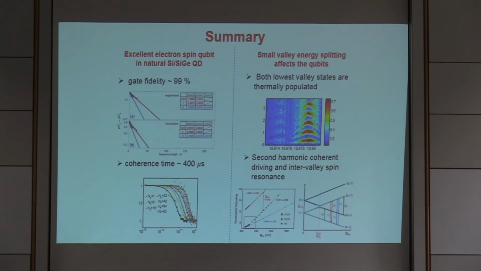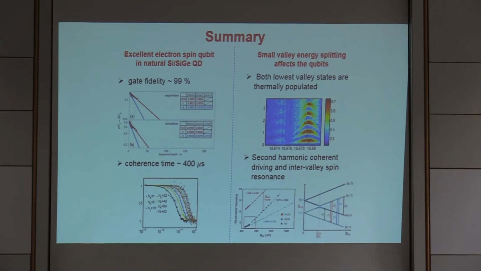So I hope that I convinced you that using a single electron spin confined in a silicon environment can constitute a very nice qubit. You can get coherence times quite long compared to gallium arsenide.